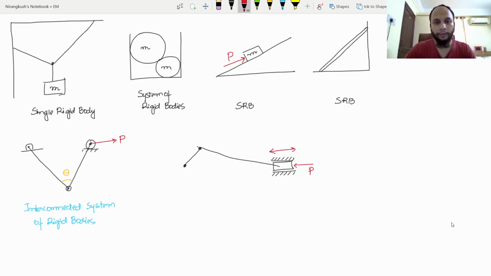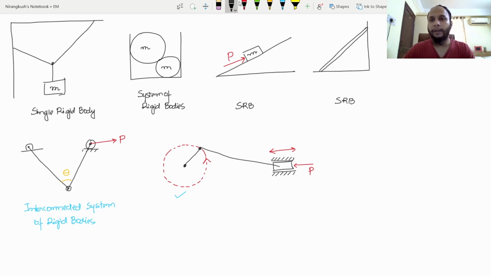Because of this to and fro motion, this crankshaft rotates like this, and that is the basis of all automobiles that are running on the road, right? So this one too is an interconnected system of rigid bodies. And can you define equilibrium for this system? It's a little difficult. We don't know yet.